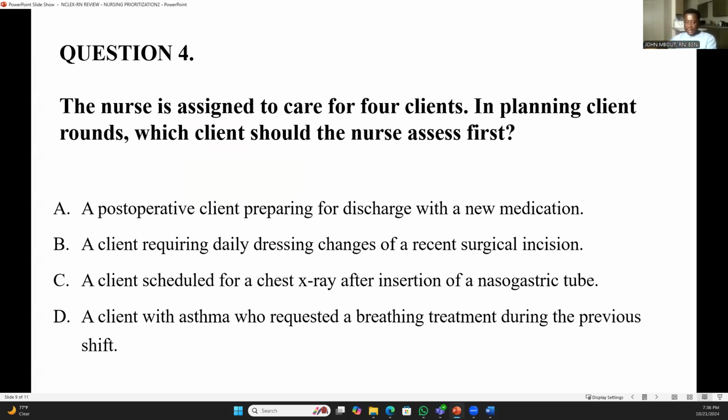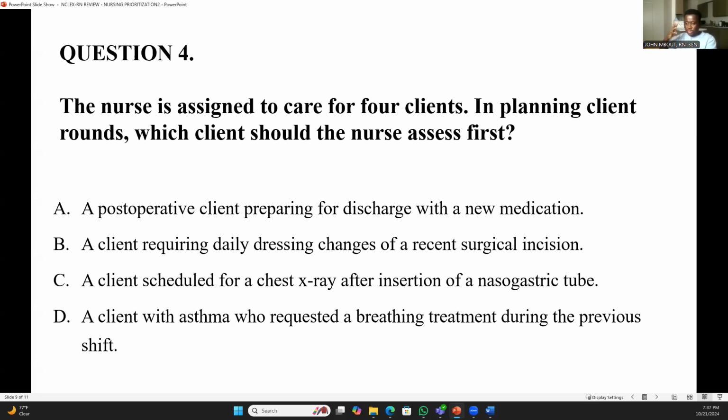B, a client requiring daily dressing changes of a recent surgical incision. C, a client scheduled for a chest x-ray after insertion of a nasogastric tube. D, a client with asthma who requested a breathing treatment during the previous shift.